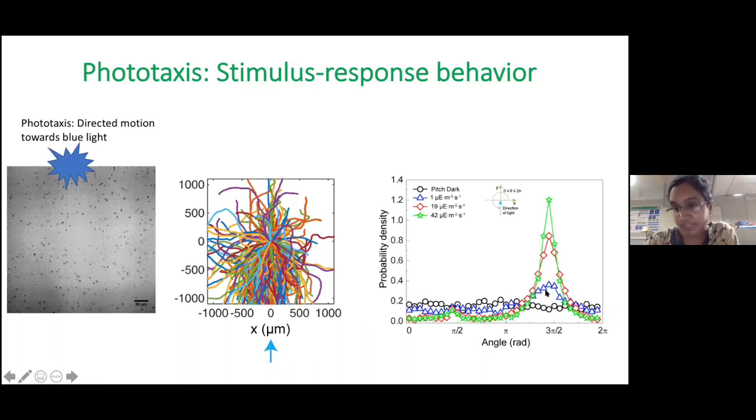And then as you increase the light intensity, you develop a peak in the direction of the light source, and the peak height goes up as the light intensity goes up. So this is the simple stimulus response behavior. We expect that if you increase the light intensity, a larger number of cells will run in the right direction.